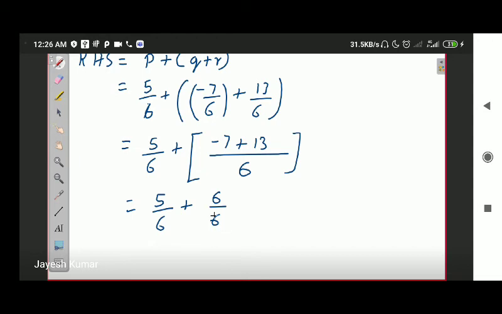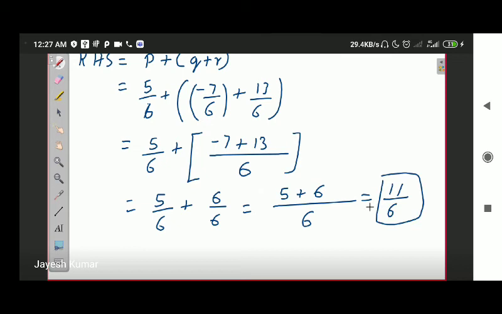Why? Because since the denominators are the same, once again I take the denominator as common and write the numerators as they were, and I will finally get the answer as 11 upon 6. Once again, since LHS equals RHS, hence verified.